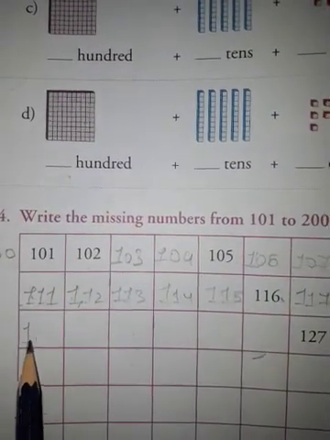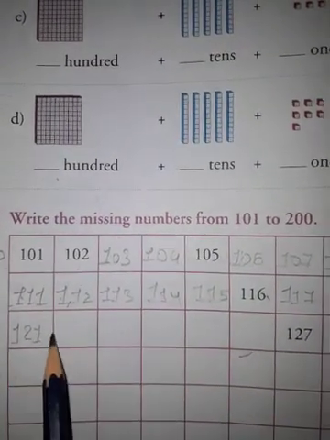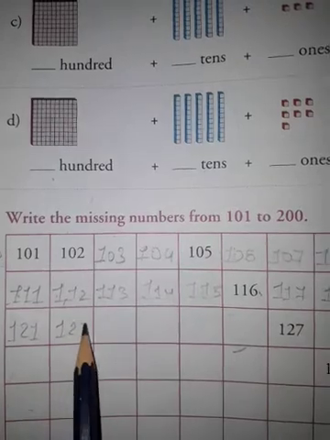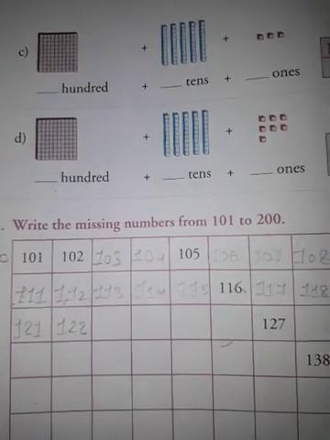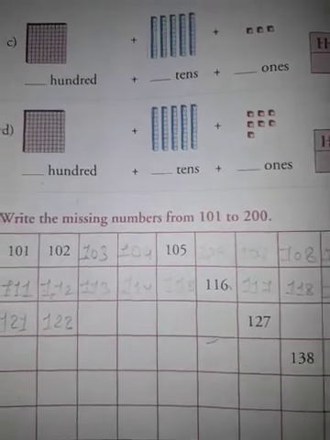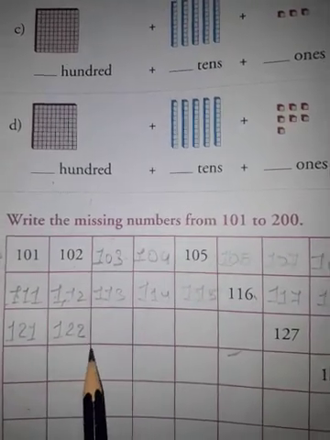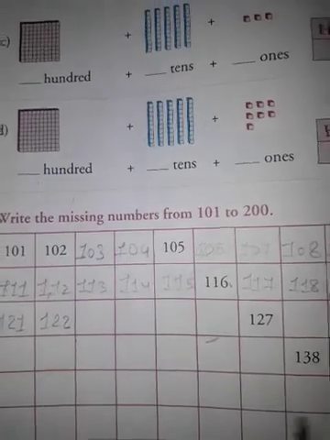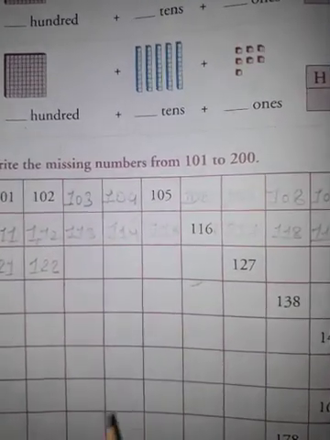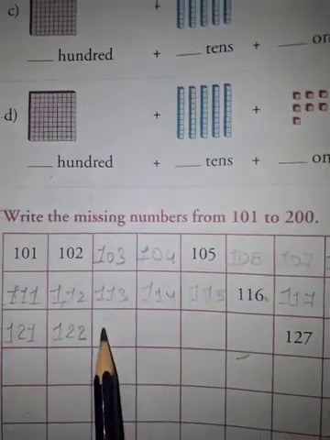And this process goes on like this: increase by 1 and write. This is the counting, and with the help of counting you will fill all these missing blank boxes.